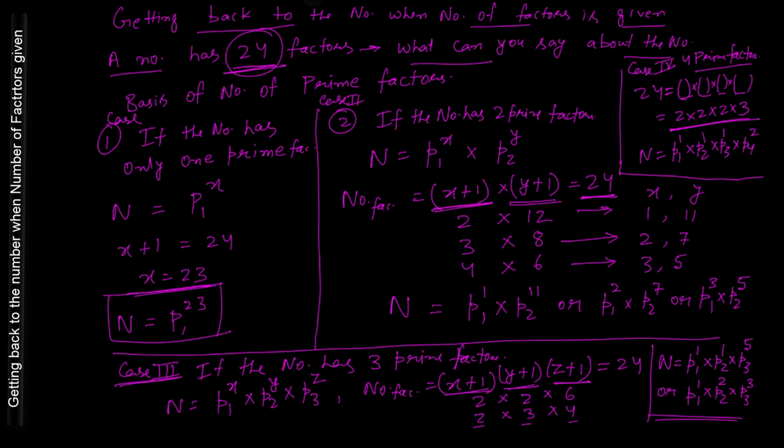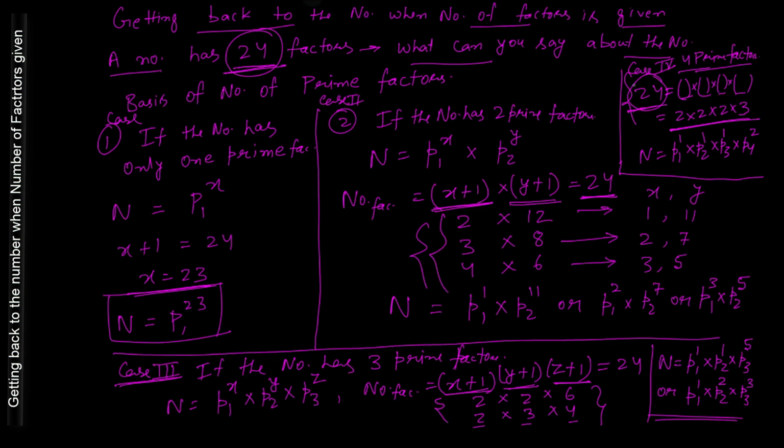Just check again. I have just explained the concept, right? Just check again if there are more possibilities here. If there are more possibilities here, the logic is very, very clear. Then further, can it have 5 prime factors? For that, you will have to check 24. So maybe you could have started this by checking in how many ways we can break it into 2 parts or 3 parts and so on and so forth.